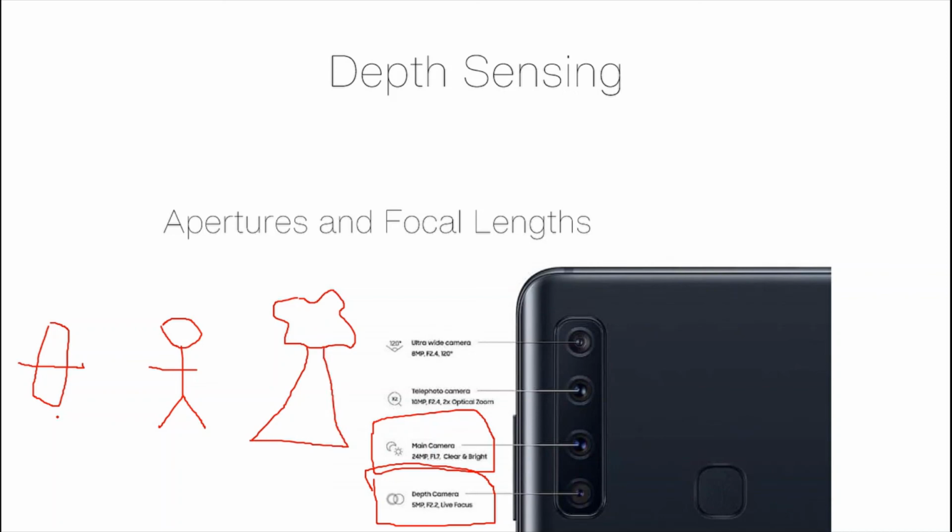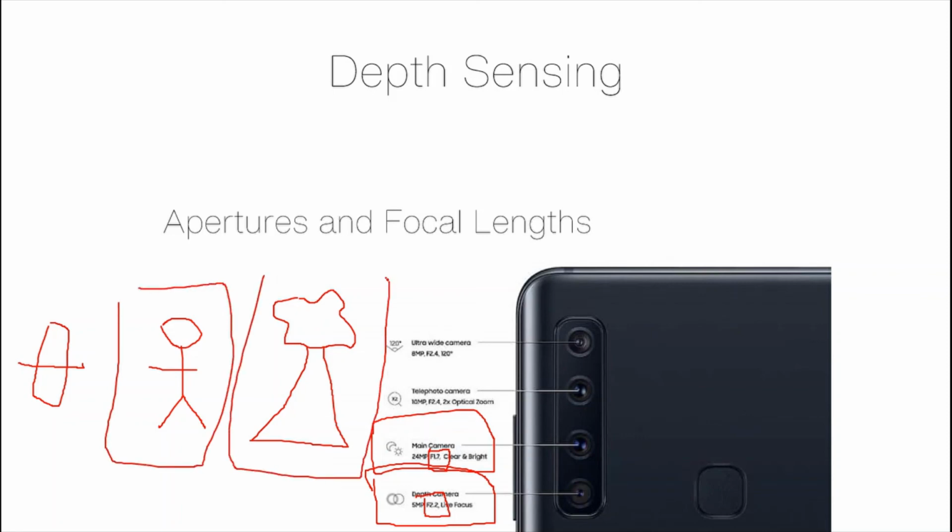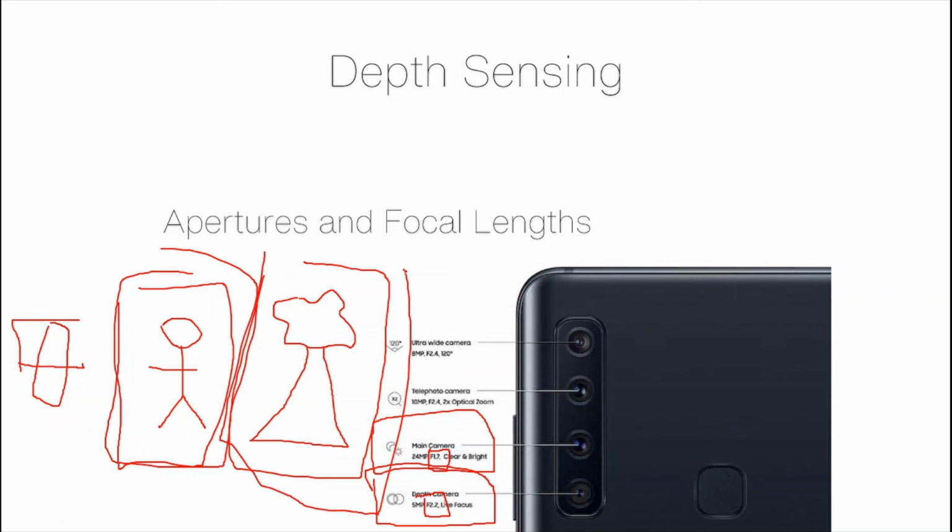Now, these have different apertures and different focal lengths, both of them. So the image sizes of both these objects will change for each camera. For example, in the main camera, it could be that the man seems larger than the tree, and you'd have a different ratio of sizes for the depth camera.